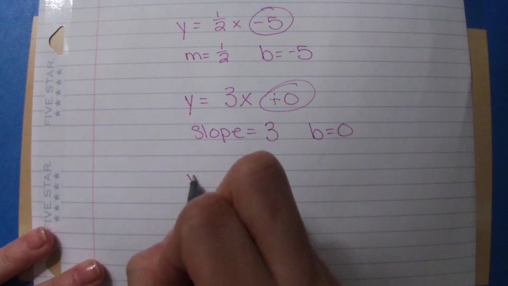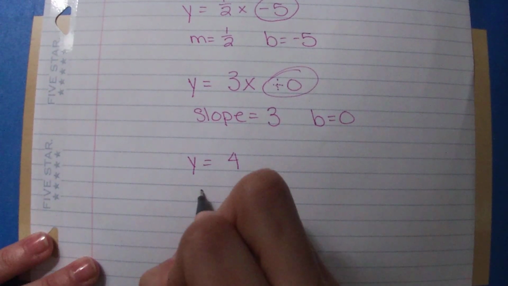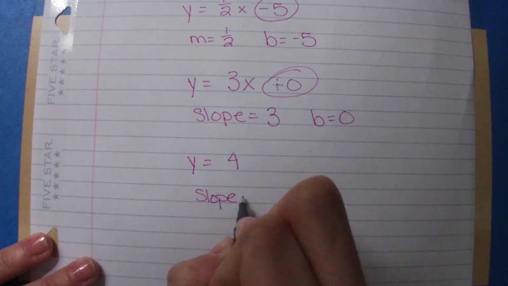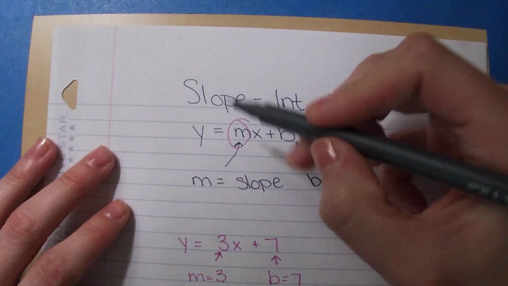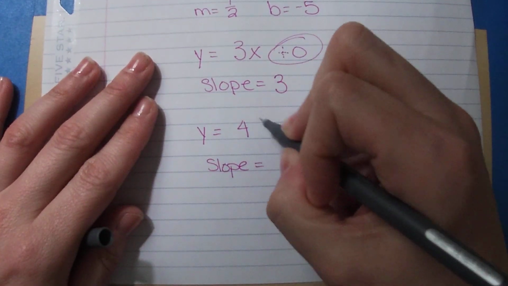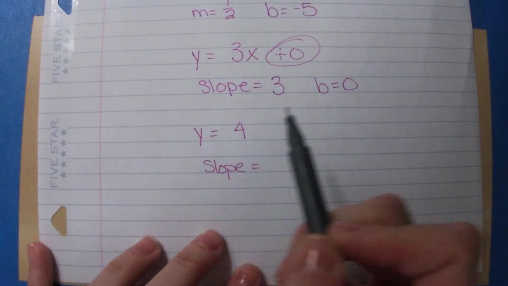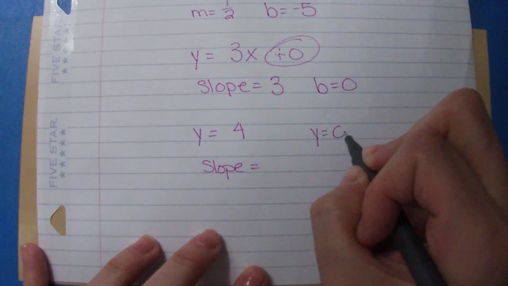And maybe if I have something like y equals 4, now keep in mind my slope, my m value, is always what's sitting in front of the x. So this does not have an x sitting next to it, so that 4 is not my slope. I actually see 0 x's happening in this equation, right?